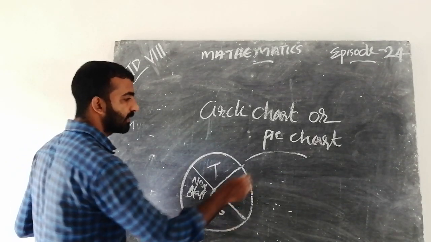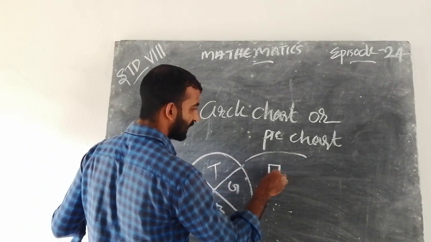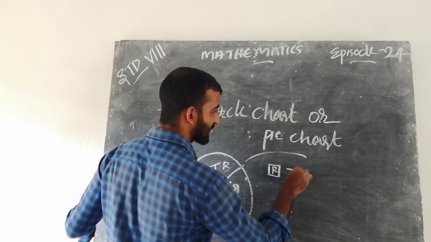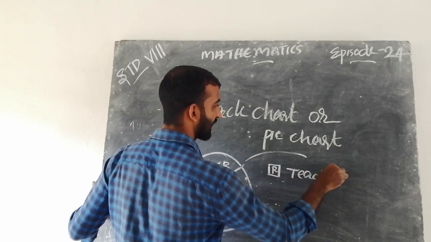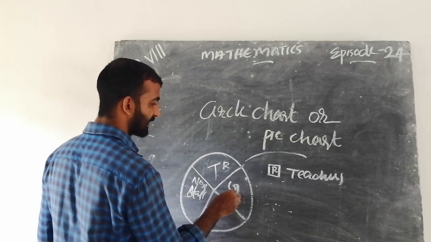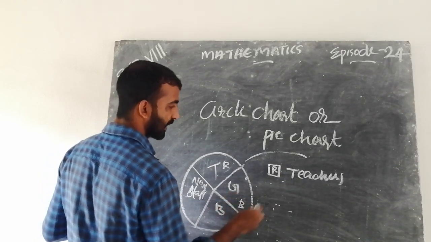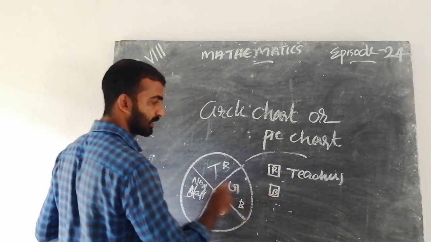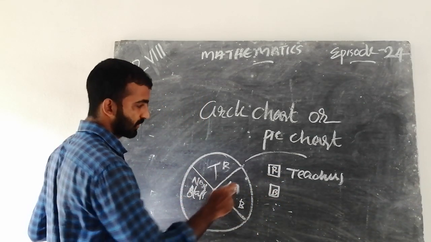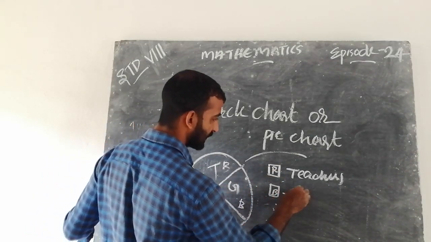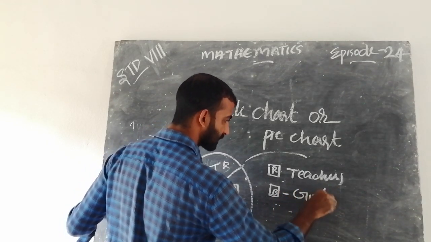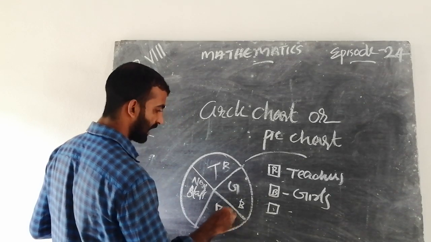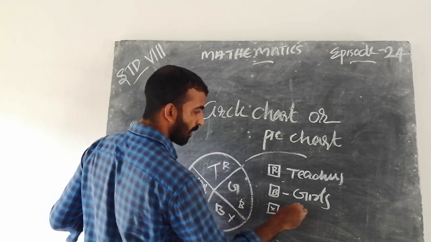Inside here is red color, so this is red color, teachers. And this is in blue color, then they denoted blue color in a rectangle or square, girls. And next yellow color, yellow boys.